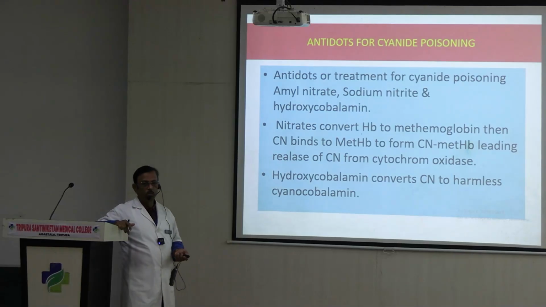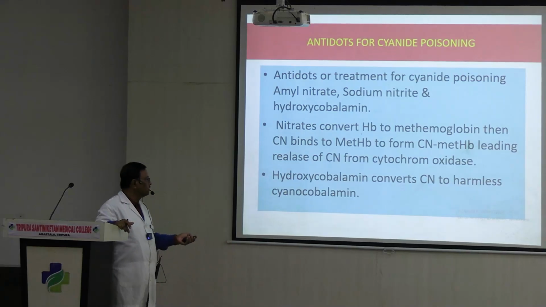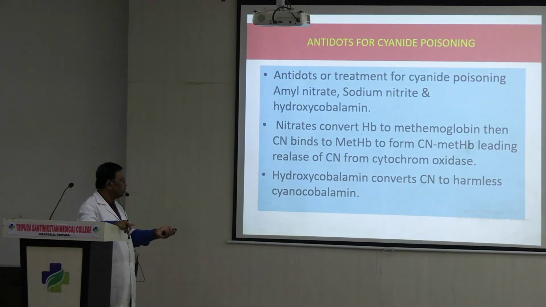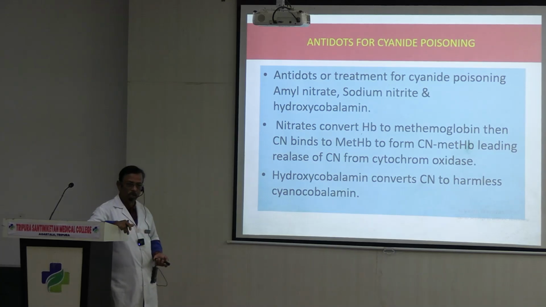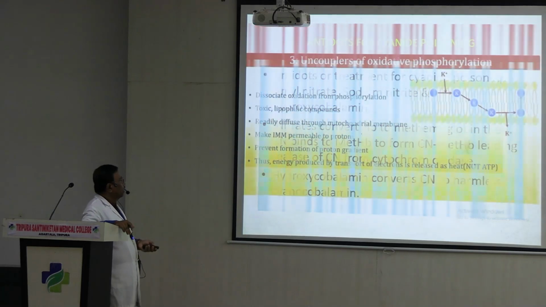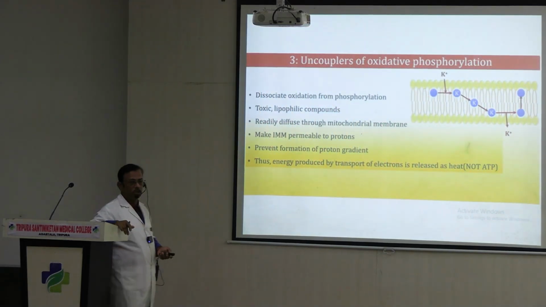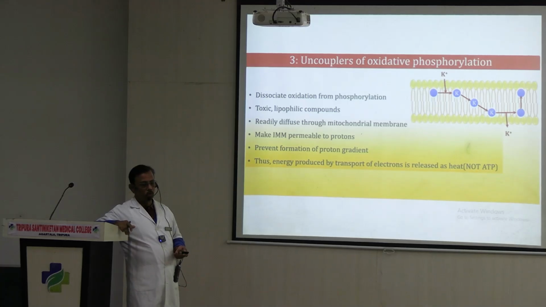We know that another form of vitamin B12 is cyanocobalamin. So cyanide leaves cytochrome oxidase and binds with hydroxocobalamin to form cyanocobalamin. In this way it releases cytochrome oxidase and is used as an antidote.